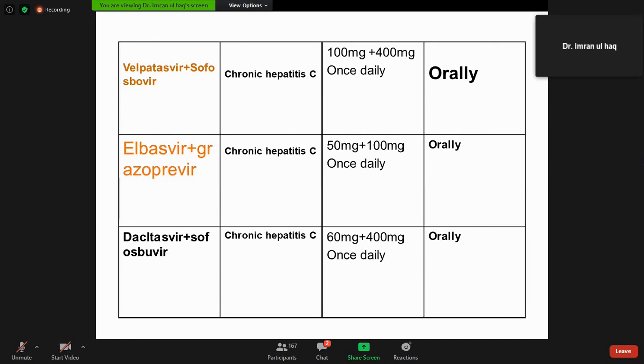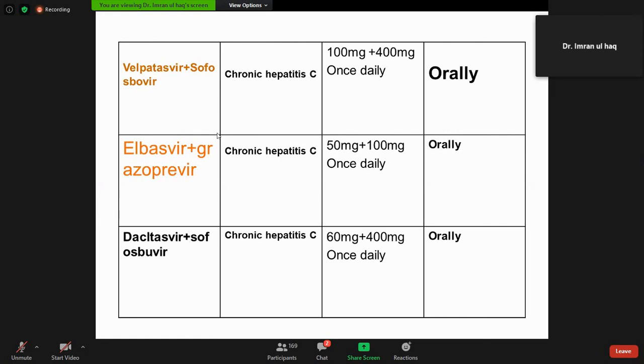There are other drugs like dasabuvir, and a very important drug, sofosbuvir, and these drugs basically inhibit the NS5B RNA dependent RNA polymerase, because these proteins are involved in post-translational processing that is necessary for replication of hepatitis C virus.